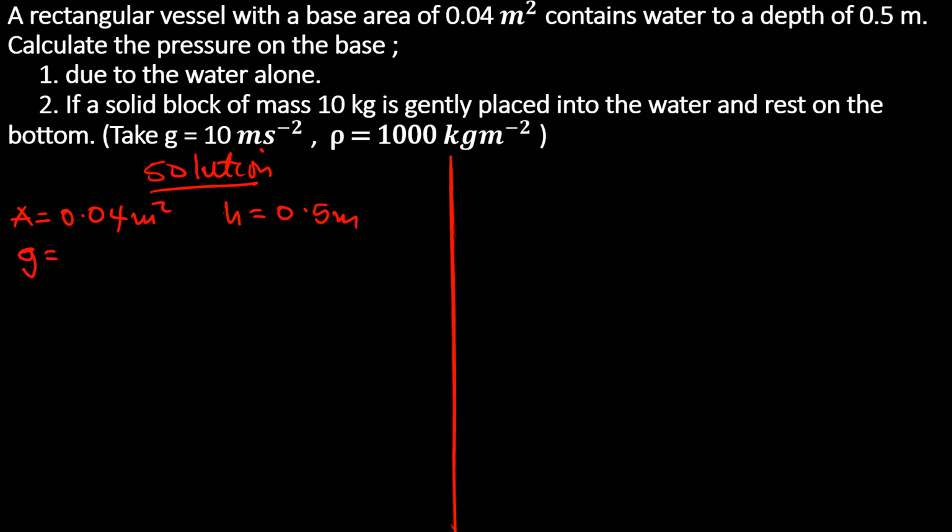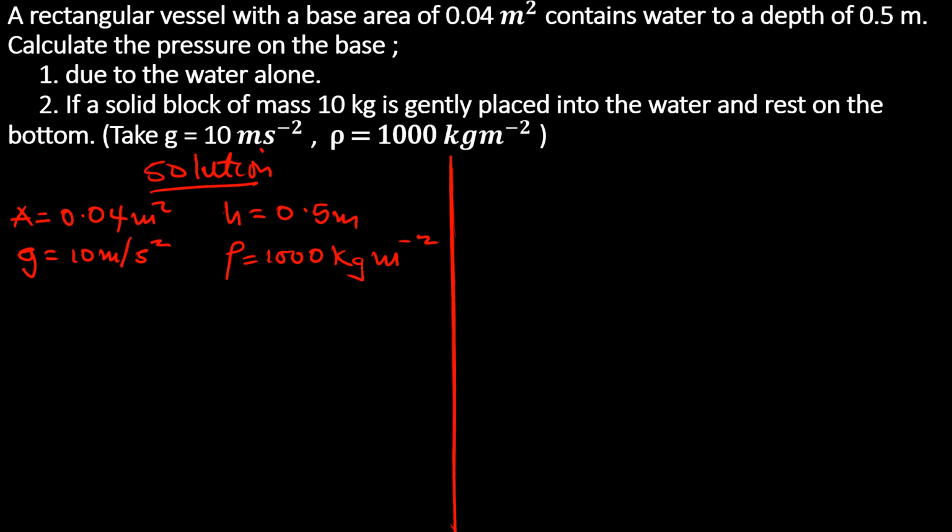Gravity, which is g, was 10 meters per second squared. And the density of the water, rho, will be 1000 kilogram per meter squared.